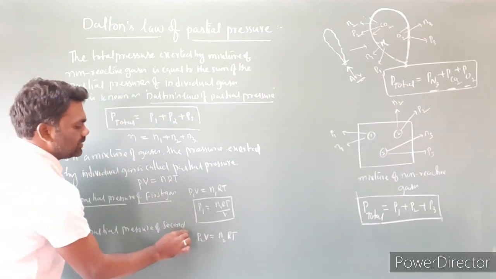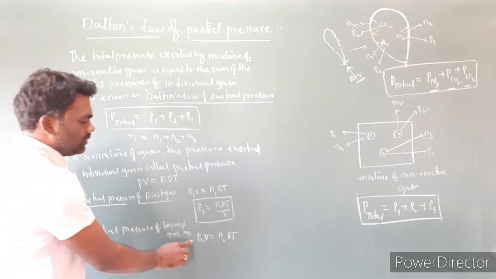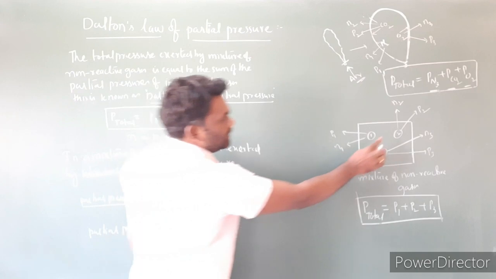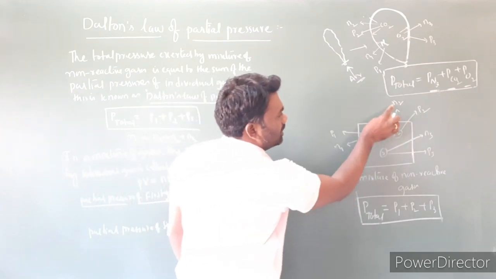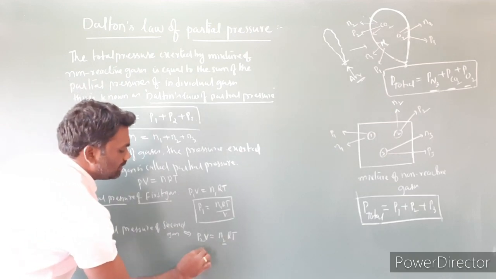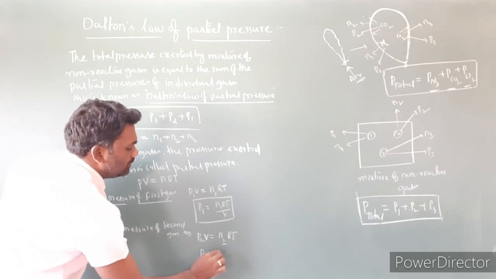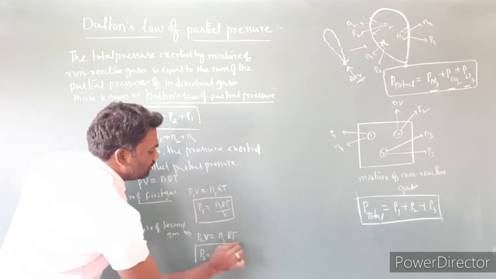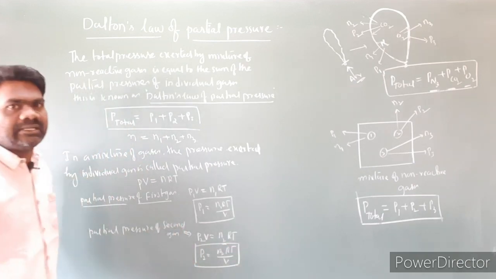Here the partial pressure of the second gas is P2 and its number of moles is N2. So P2V is equal to N2RT. Then the partial pressure of the second gas P2 is equal to N2RT by V. So this is the partial pressure of the second gas.